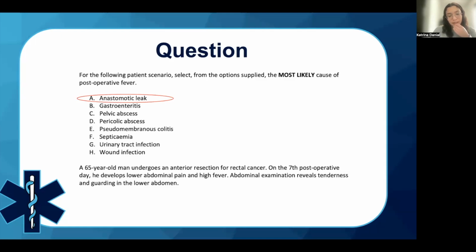So there's been that type of surgery. And the guarding in the lower abdomen tells us that it probably is peritonitic. The thing that often comes up in questions with peritonism is an anastomotic leak. There's something leaking into the peritoneum, which is causing it to be so irritated.